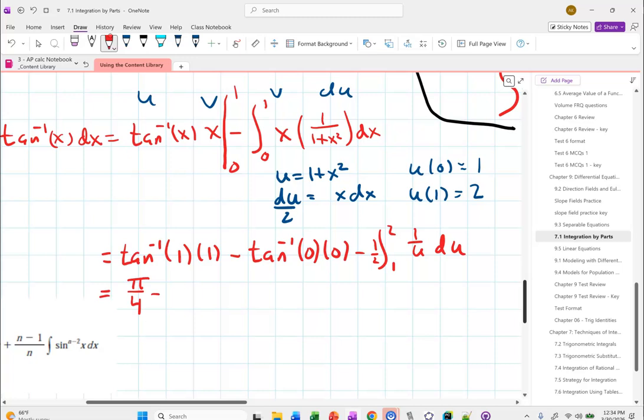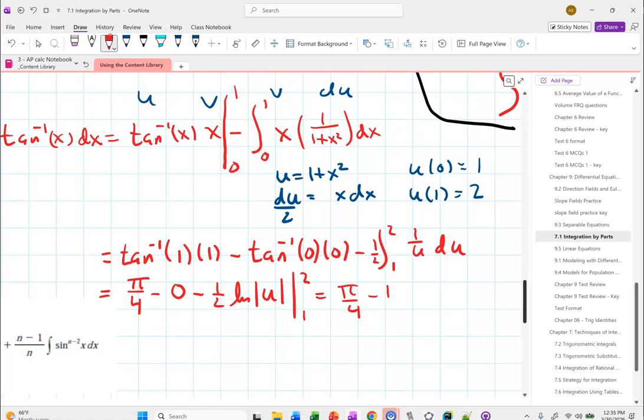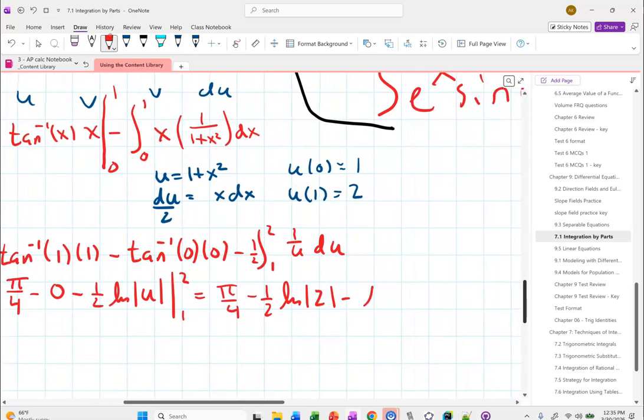Tan inverse of 0 is 0. The antiderivative of 1 over u is the natural log of u. We evaluate that from 1 to 2. I didn't mean 0 to 1. Those were the old bounds.